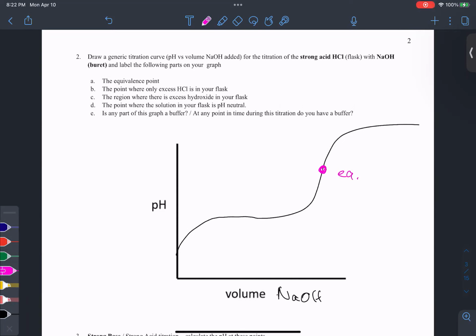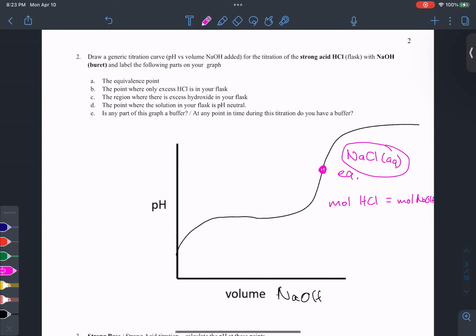This is the point where your moles of HCl is equal to your moles of sodium hydroxide. So if you did a BCA table and your moles of HCl and moles of NaOH are equal to one another, all you have present is NaCl aqueous.